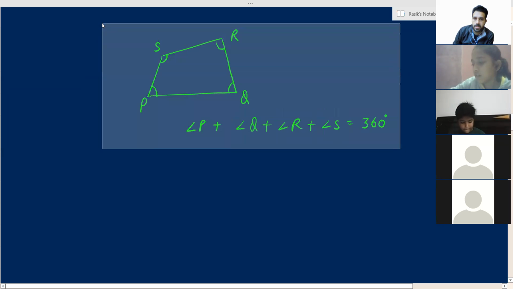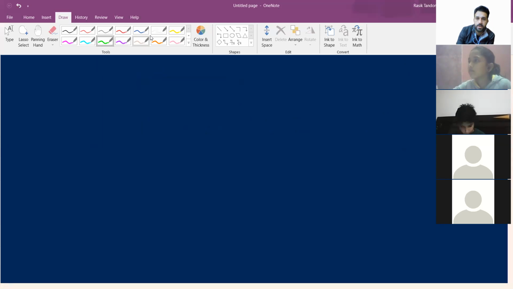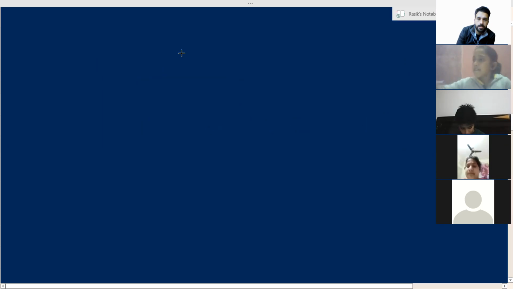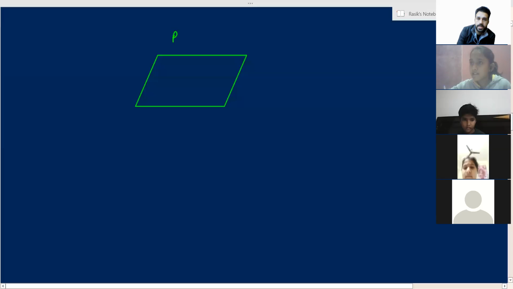Okay. And you have also written about some other types of quadrilaterals in your copy. Just now you wrote types of quadrilaterals, you made a yellow table. In that table you first made a parallelogram like this. This is known as a parallelogram. I am just explaining, you don't have to note it now, you have already noted it in your copy.